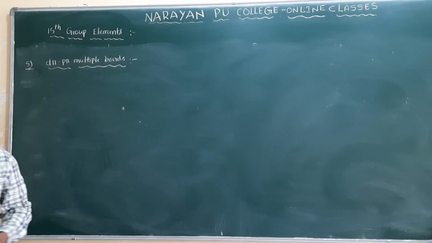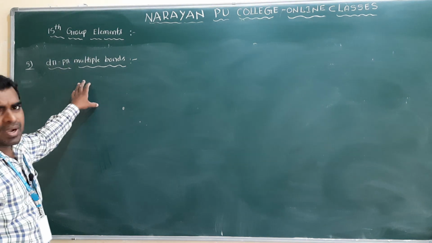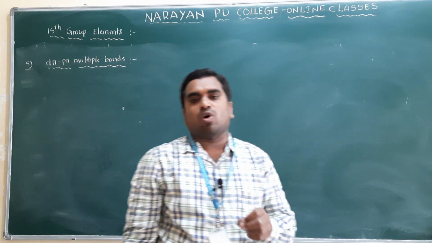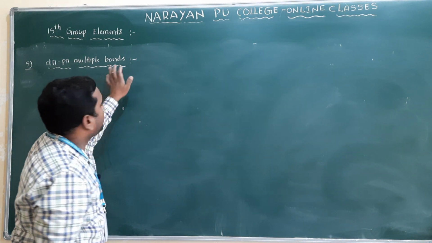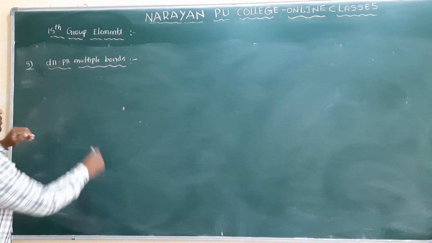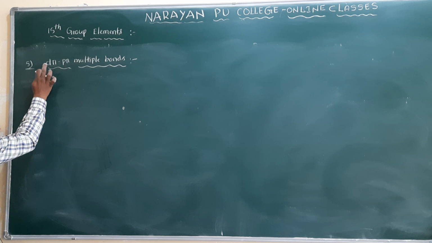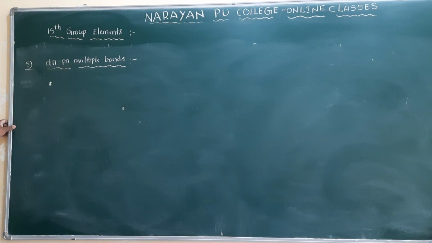Clear? So you know that nitrogen, because of the absence of d orbitals, cannot form dπ-pπ multiple bonds. That is the first point. Because to form dπ-pπ multiple bonds, which orbital should be available? D orbital. But d orbitals are absent in nitrogen.